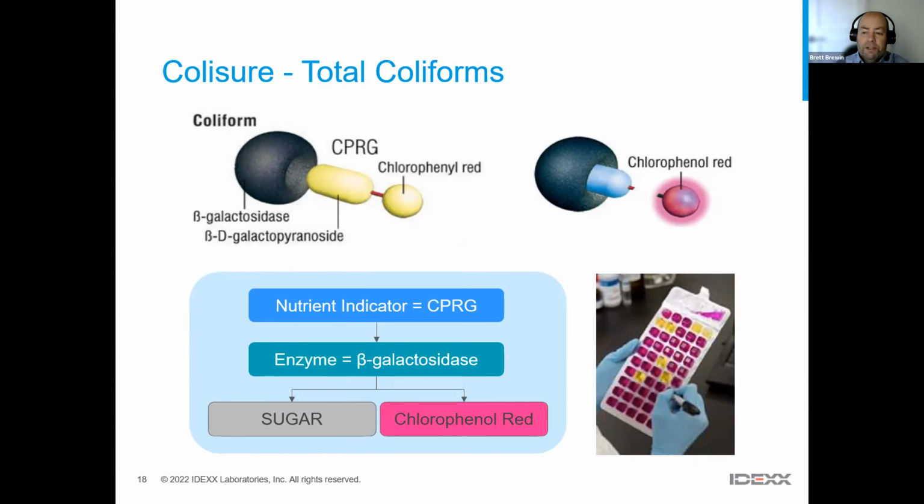The main reason people would use the Colisure product is when there's some discoloration in the water already. You might be testing a source water or an effluent water that has some sort of brown or yellow coloration. That makes the use of Colilert or Colilert-18 quite difficult, but Colisure gives you a much stronger color difference. And again, it's very useful in those applications.